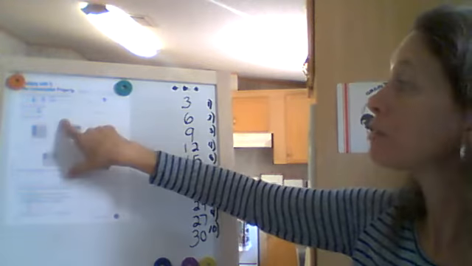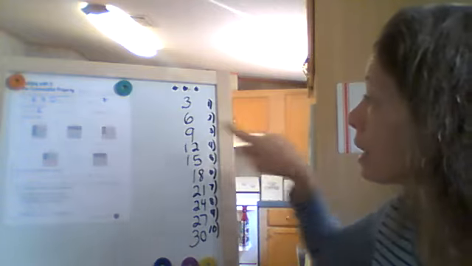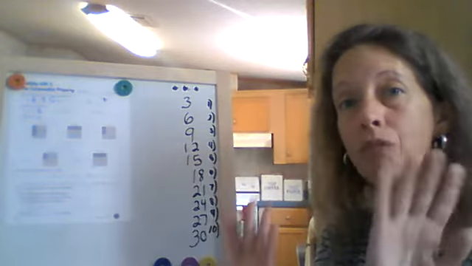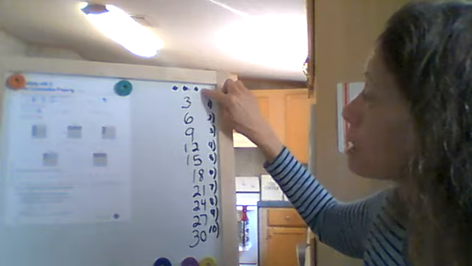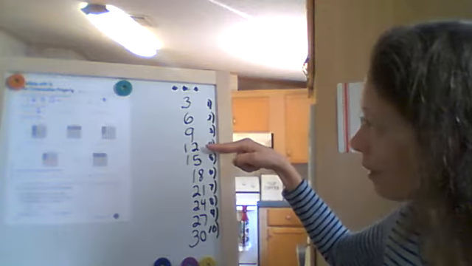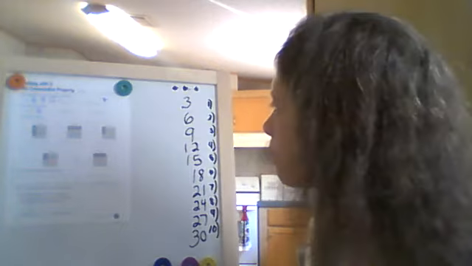I don't have to know my 4's times tables yet today because I'm working with 3's and it's in here. So we've got 4 times 3, which is the same as saying 3 times 4, because I'm working on my 3's today. So, 3 times 4, see it? Right there. There's your answer. I'll let you write that one down.